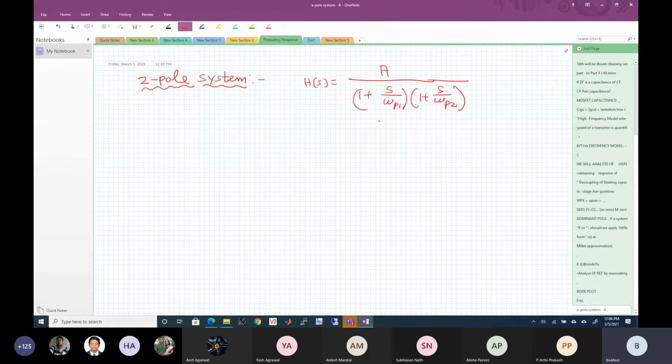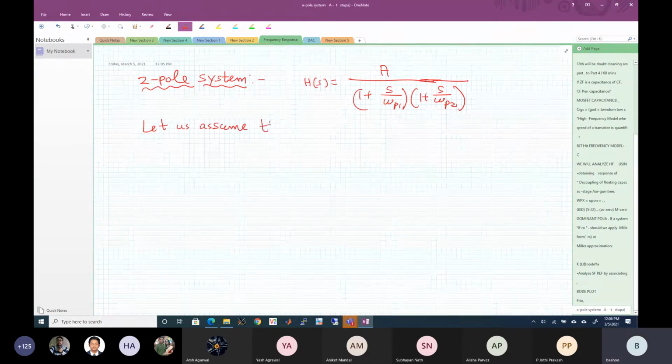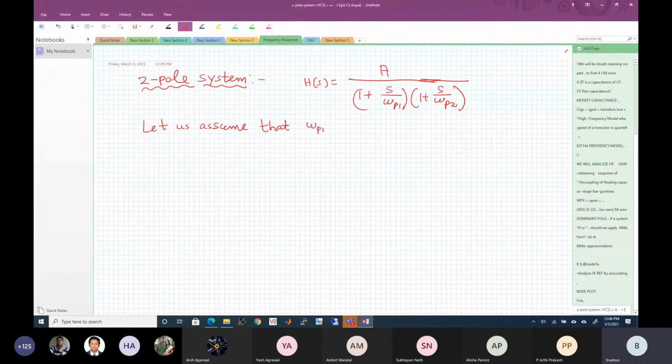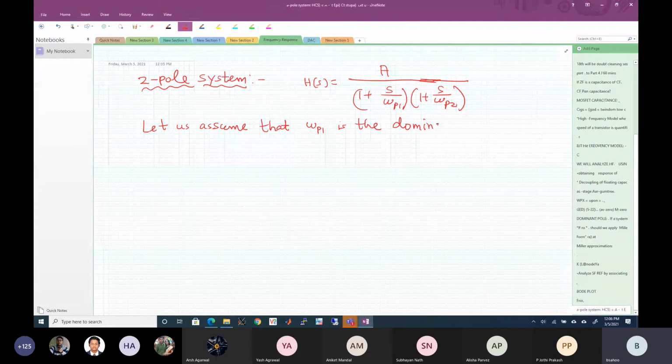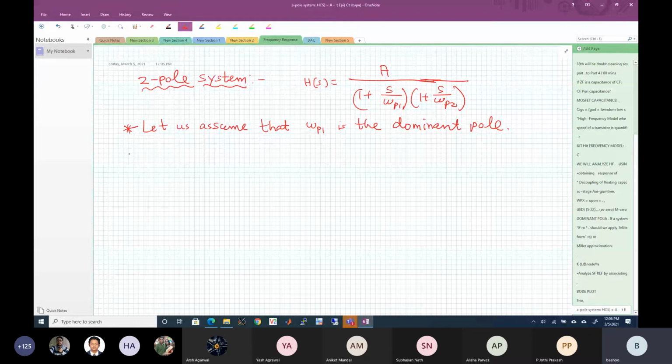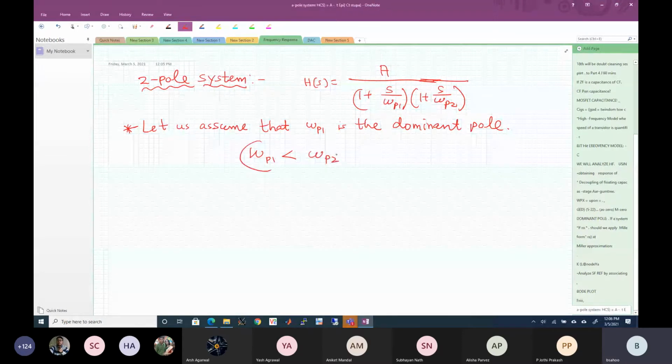Now when we are drawing this plot, let us assume that omega p1 is the dominant pole. We have already defined what a dominant pole is. What is the meaning of omega p1 being a dominant pole? It means omega p1 is less than omega p2. The frequency of that is less than that.